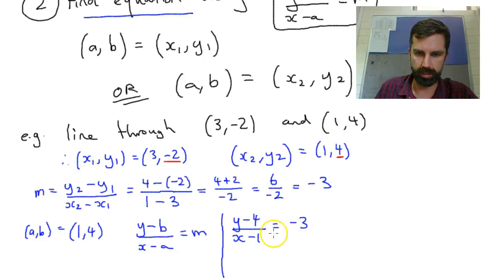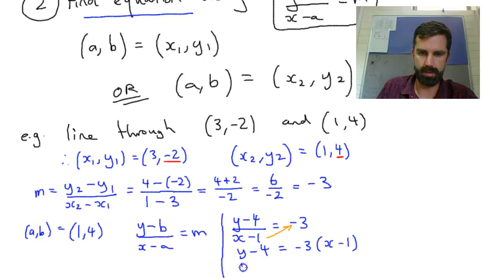I'm going to go for general form, by the way. So I'm just going to multiply up here. So y minus 4 equals -3 times x take 1. Or y minus 4 equals -3x plus 3.